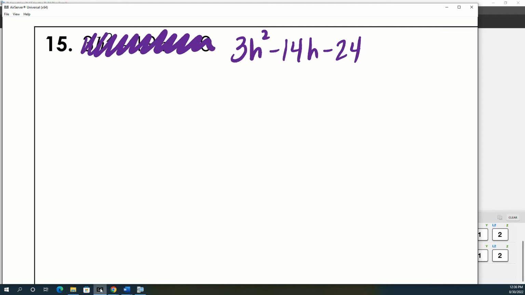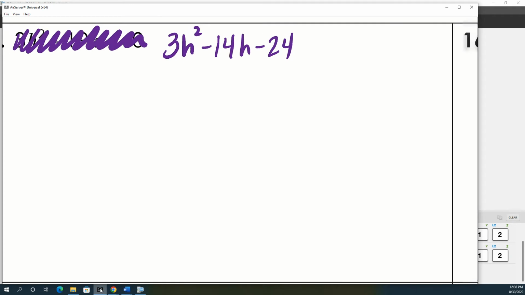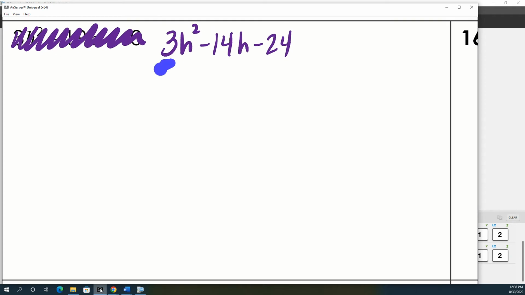All right, do we have a common factor on this one? 3, 14, and 24? No. So we do have a number in front of h squared. So we're going to do the slide divide bottoms up.